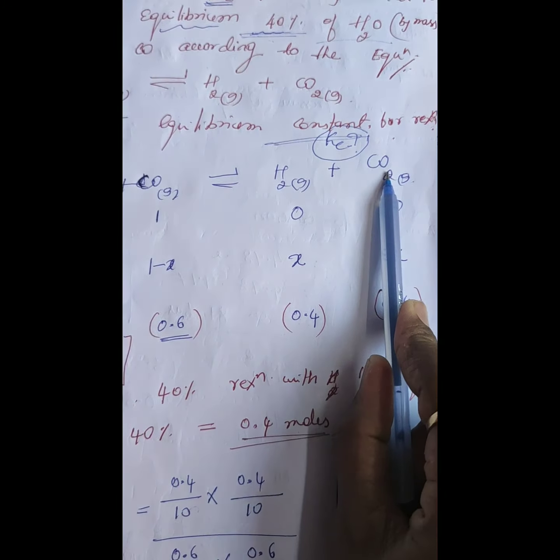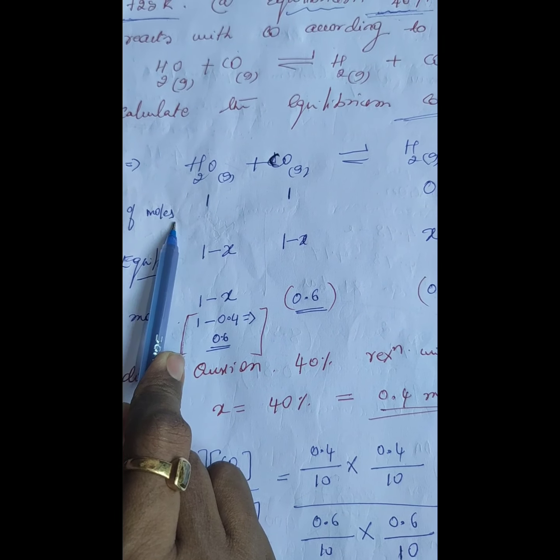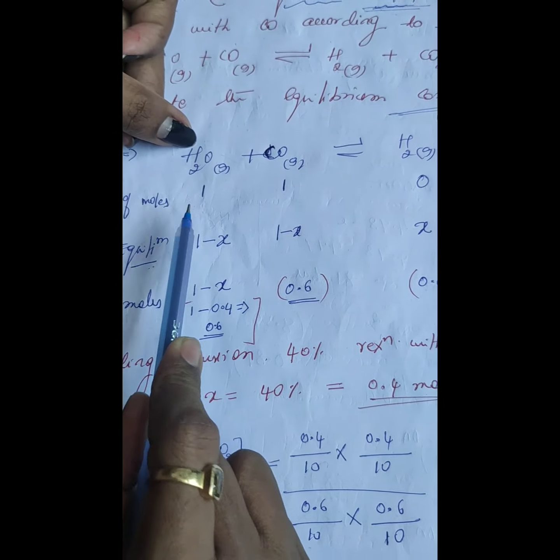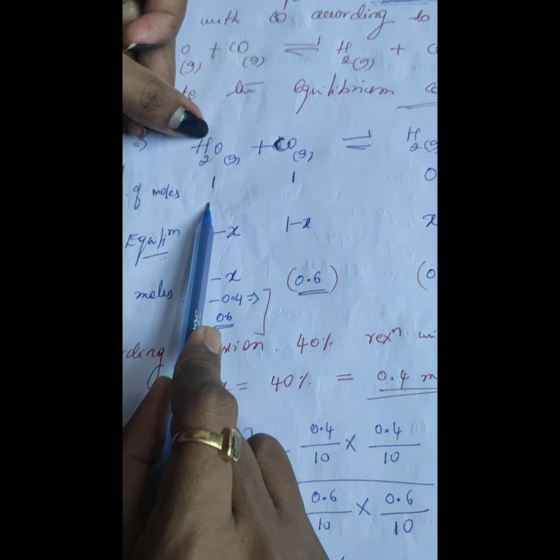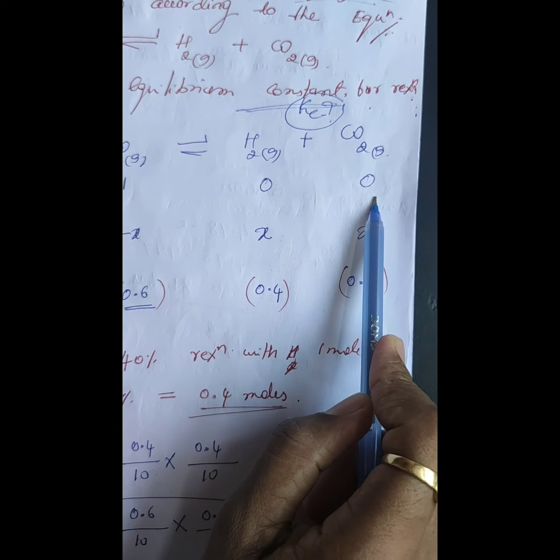Initially, time will be taken as 0. At that point, 1 mole of water can react with 1 mole of carbon monoxide, according to the balanced chemical equation. But at the initial point there is no product, that's why we take 0 moles of hydrogen as well as 0 moles of carbon dioxide.